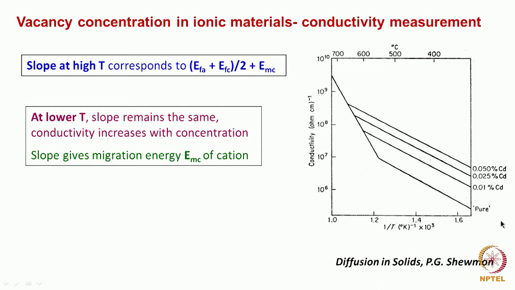Now if you look at the slope here, the slope of this curve corresponds only to the migration energy. That is what we have plotted here, essentially 1 by T versus conductivity, correct.